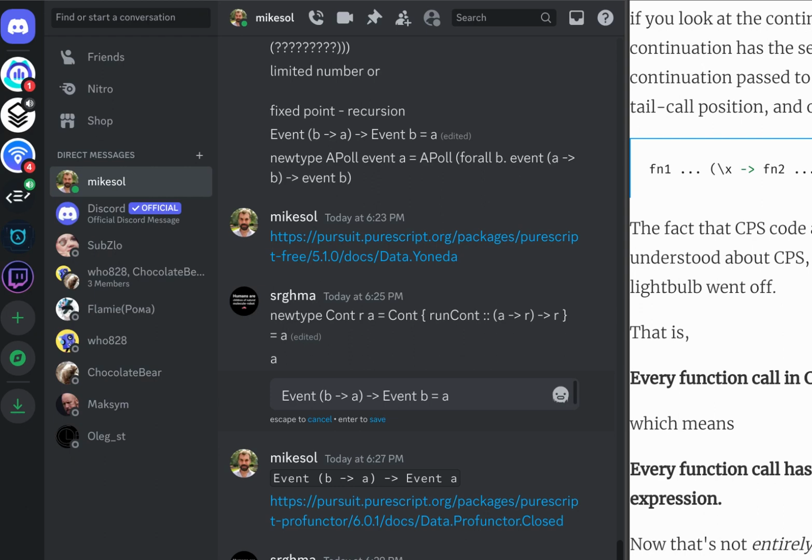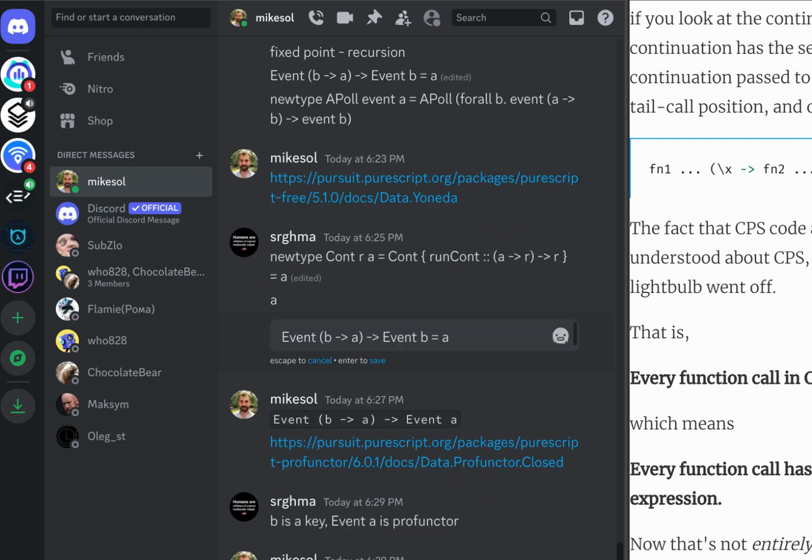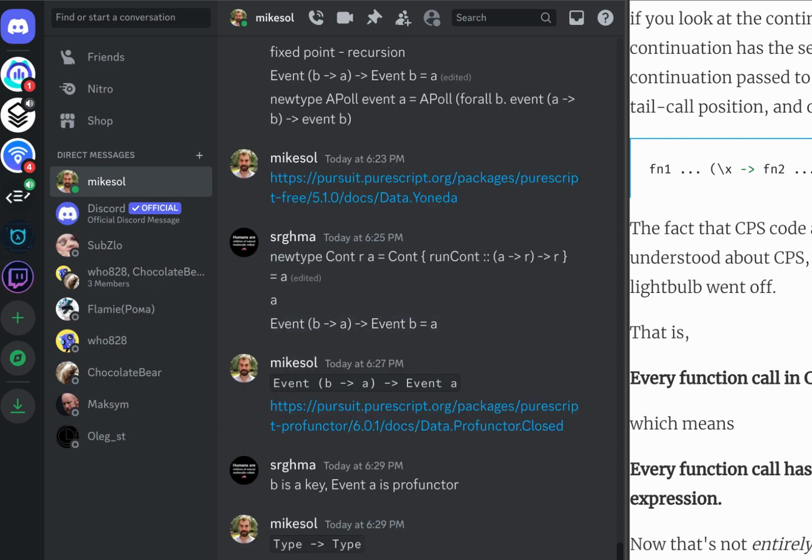A profunctor is a cross between a category and its opposite, so it needs two type positions. For example, function is a profunctor. The only reason I bring up closed is because a closed profunctor uses the same mechanism that Yoneda does. It locks one variable with another variable. Okay, thank you.